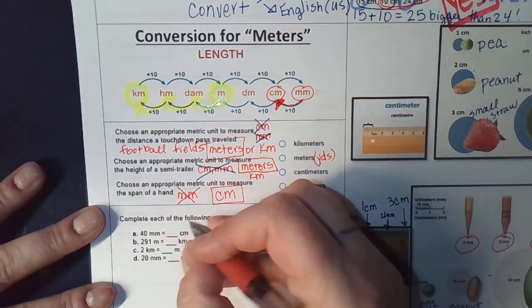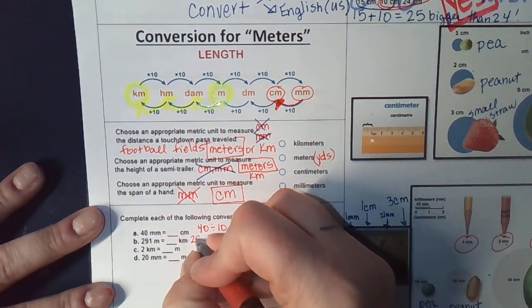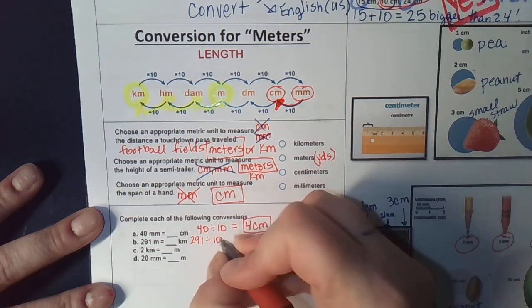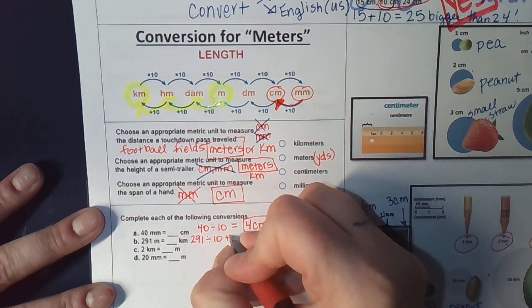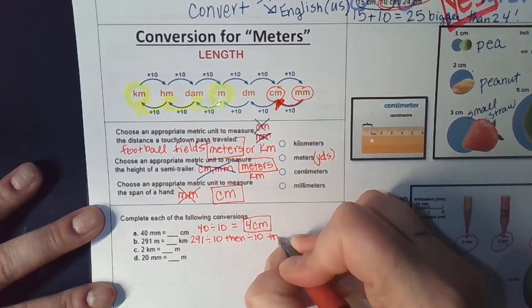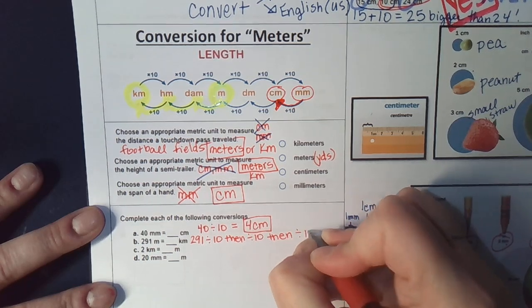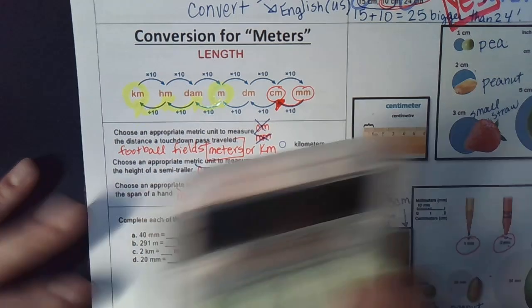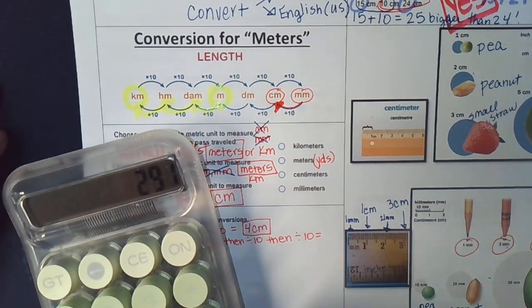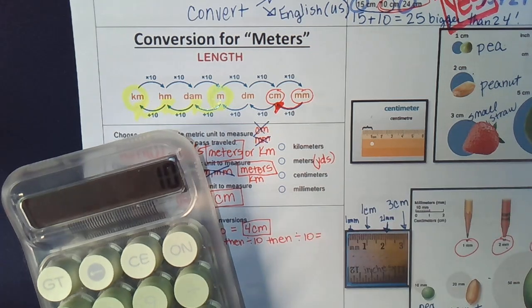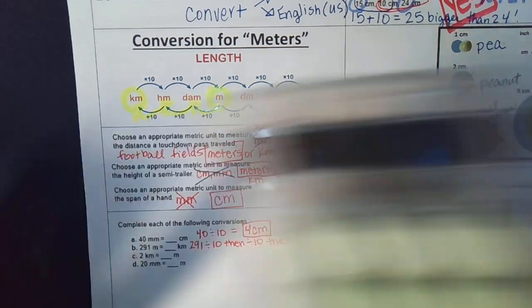Oh my gosh. So we're going to take 291 and divide it by 10. Then divide it by 10 again. Then divide it by 10 again. So we're going to have 291 divided by 10, divided by 10, divided by 10. Hey, 0.291.